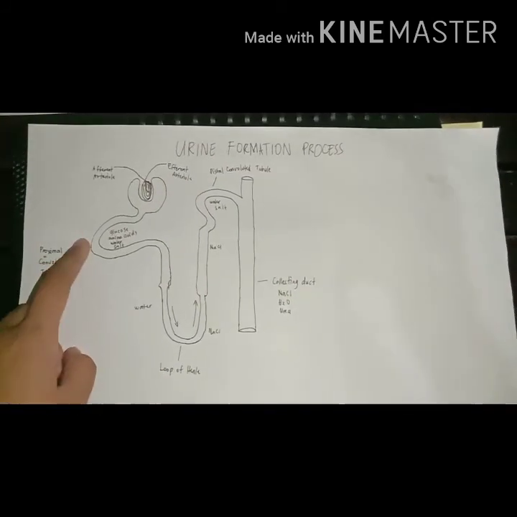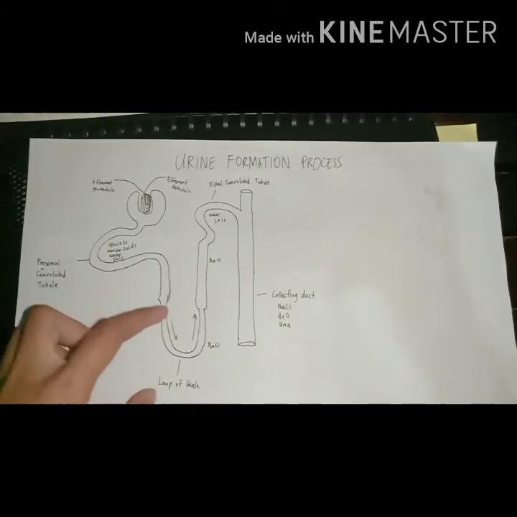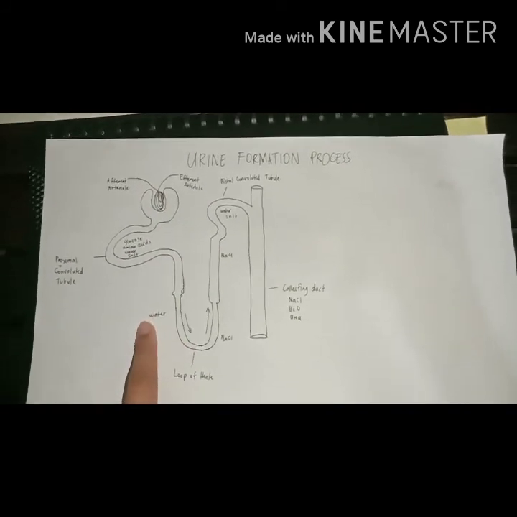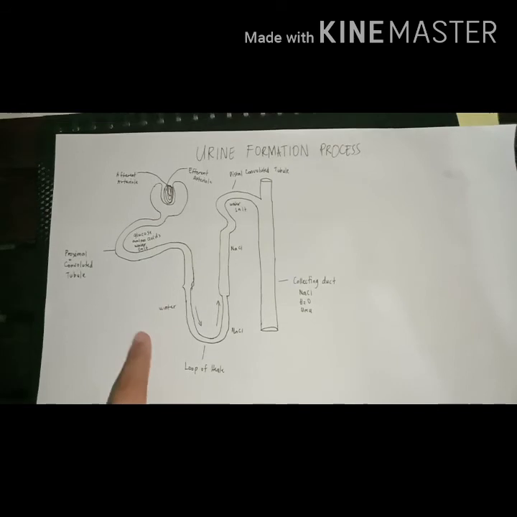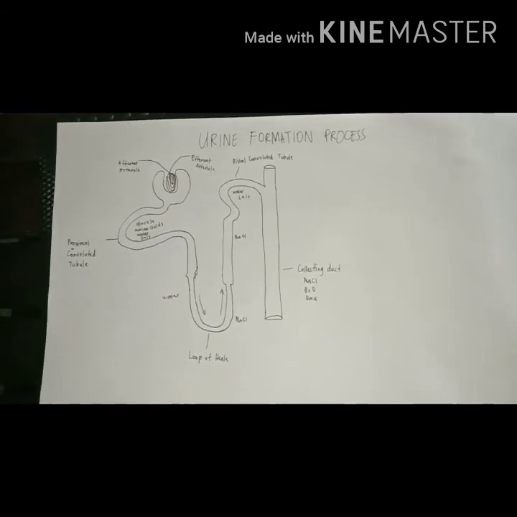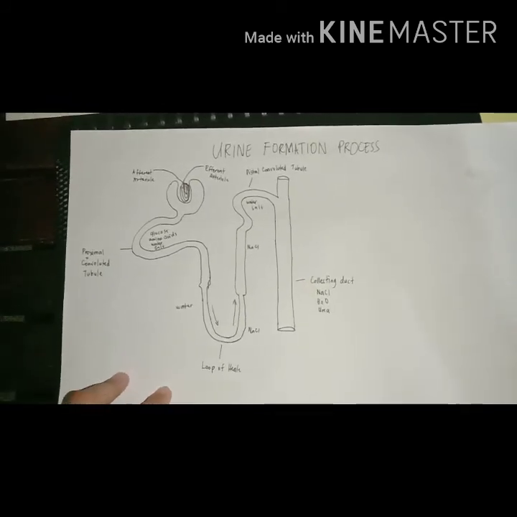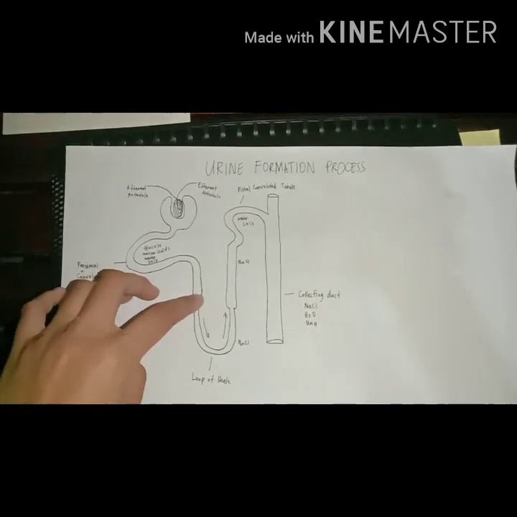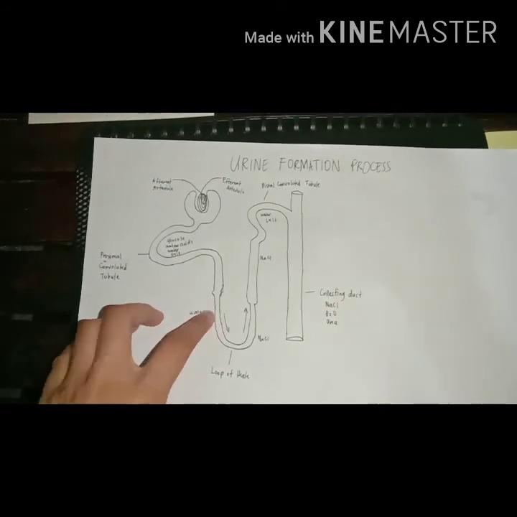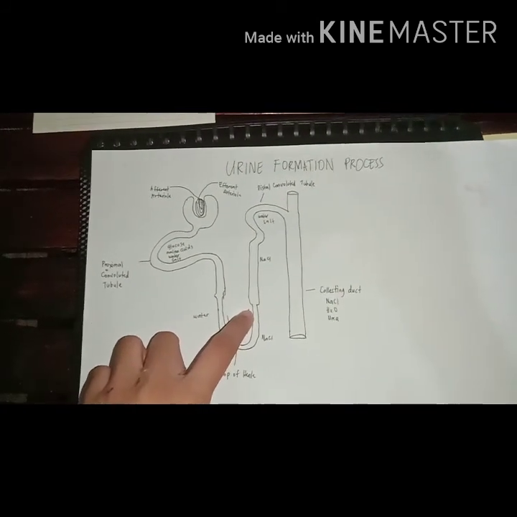Then the other substances go to the loop of Henle. But in the loop of Henle, water is the only one that is being reabsorbed, and it is through osmosis. This is the descending limb of the loop of Henle, and this is the ascending limb of the loop of Henle.